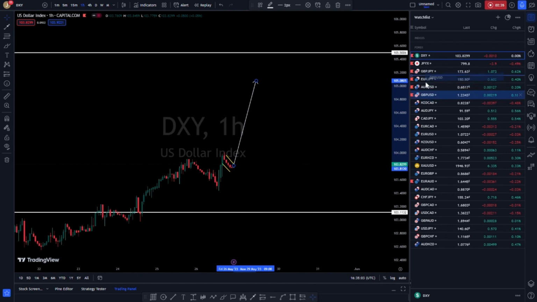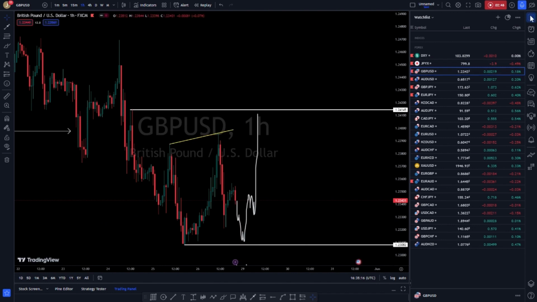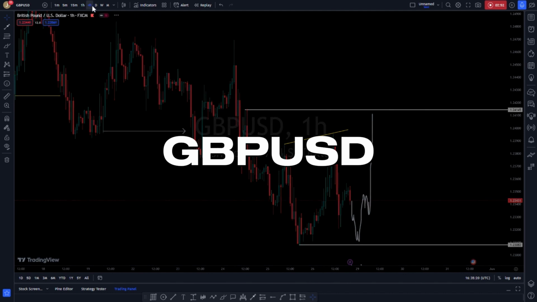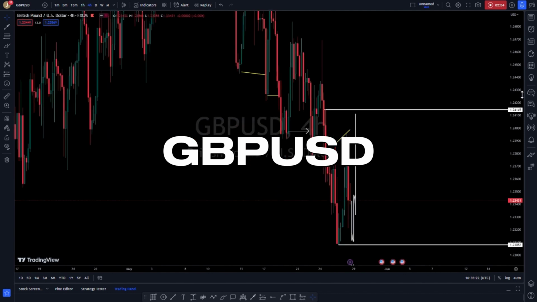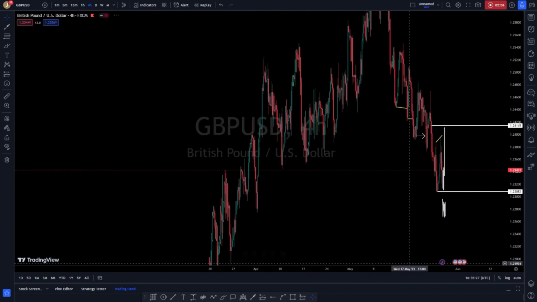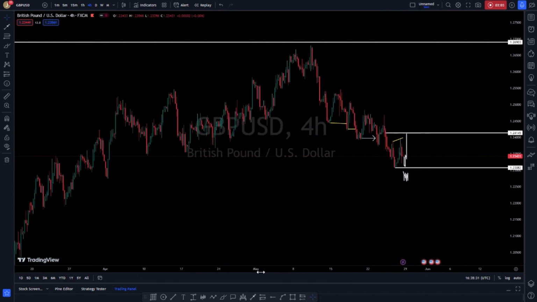So let me start from GBPUSD and AUDUSD before I go into the JPY pairs. Yeah, this is the GBPUSD. The price action is kind of ugly, but it is recurrent.